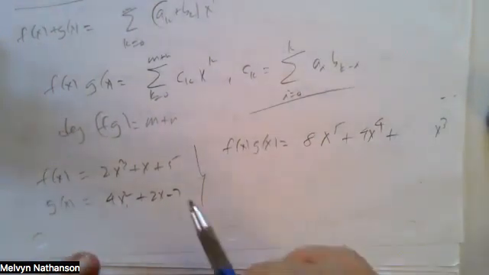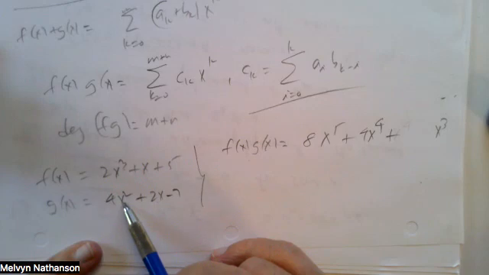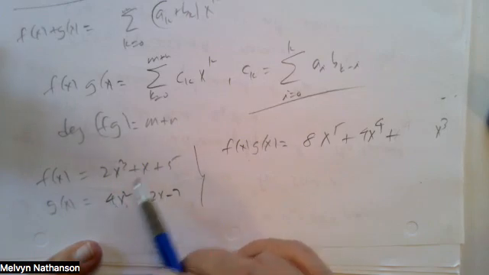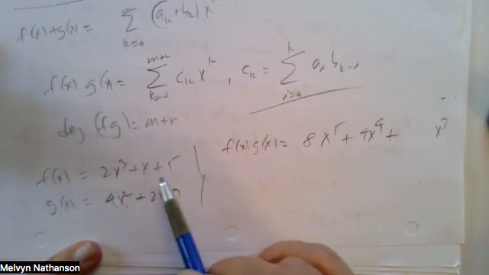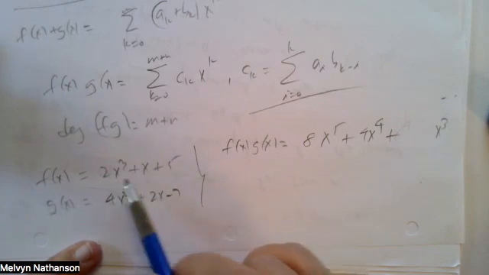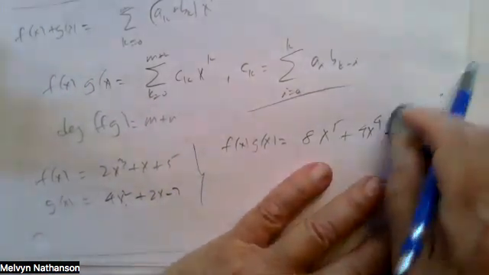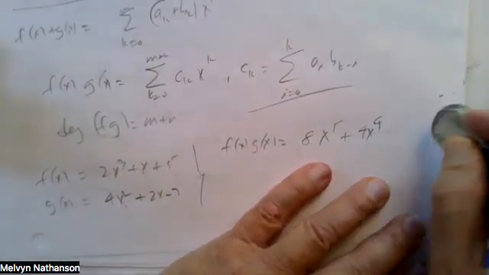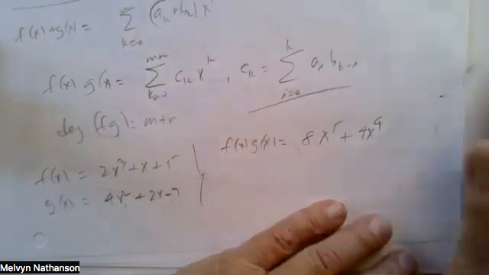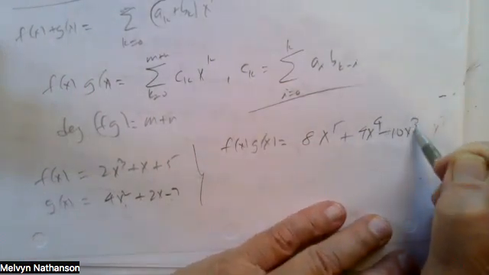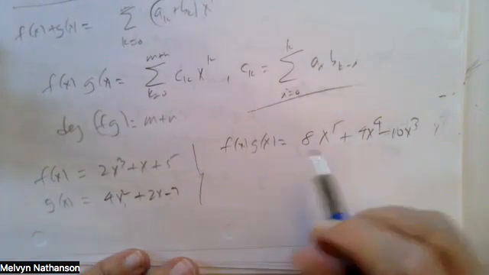When do you get an x cubed? I have 4x squared times x. That's 4x cubed. Minus 7 times 2x cubed. That's 4x cubed minus 7x cubed. Sorry, minus 14x cubed. 4 minus 14 is minus 10x cubed. When do I get x squared?